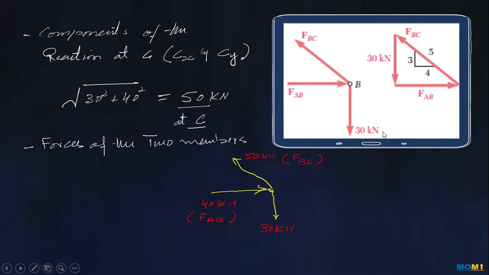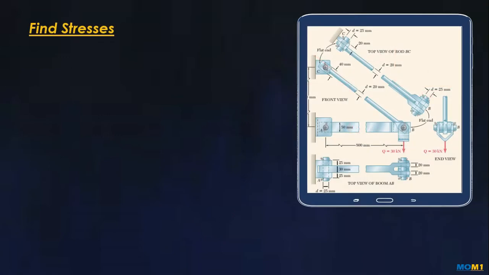Now we have calculated the external forces which are caused in the members because of the load of 30 kilonewton at point B. Now we are going to calculate the stresses.